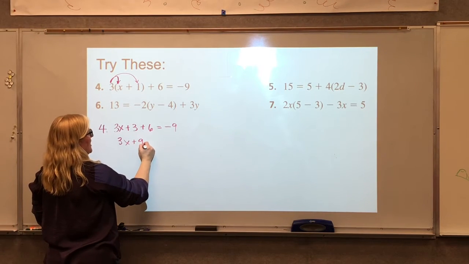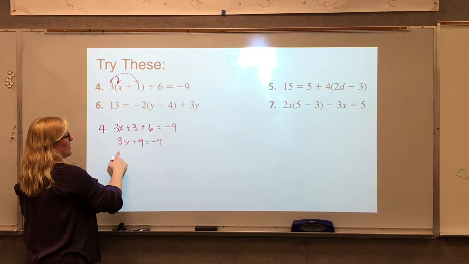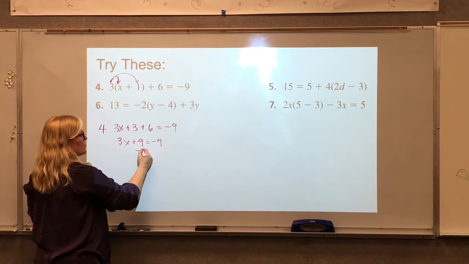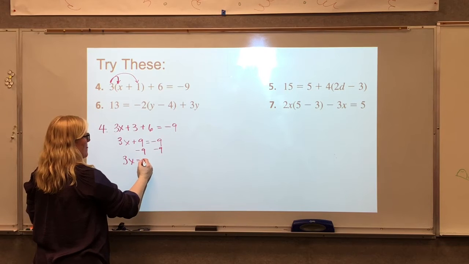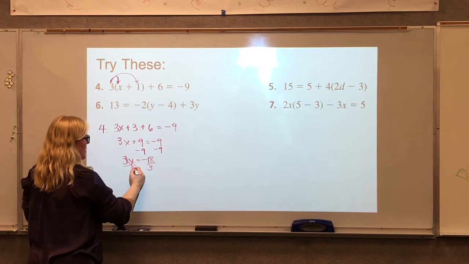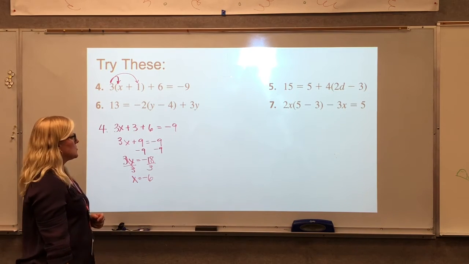This is plus 9 equals negative 9. Well, to get that x by itself, I need to subtract 9 from both sides. That gets rid of that positive 9. Divide by 3, and I get x equals negative 6. So I hope that's what you got.